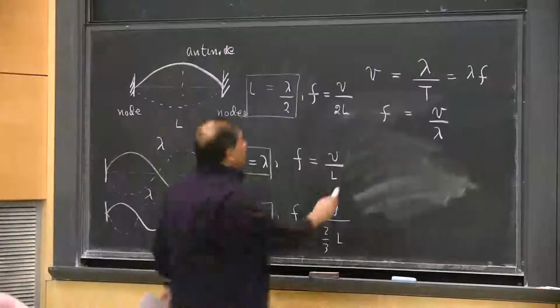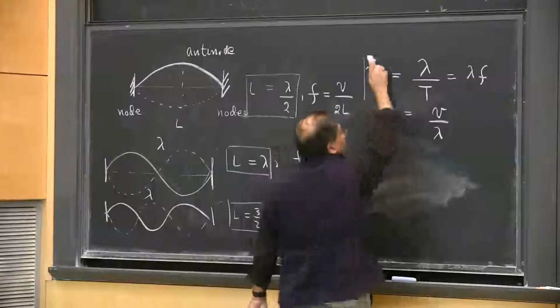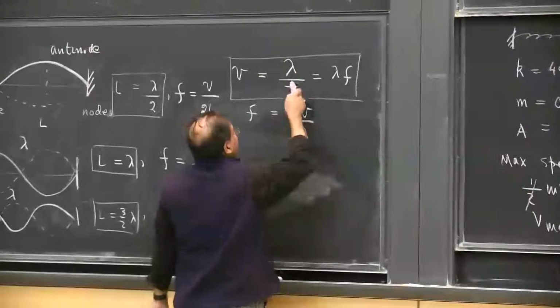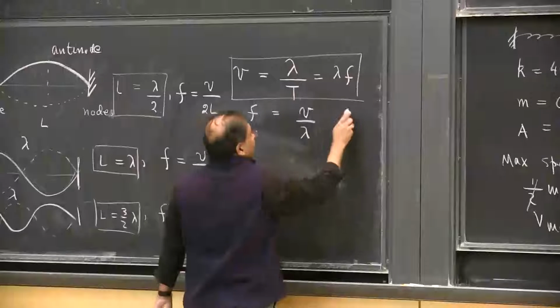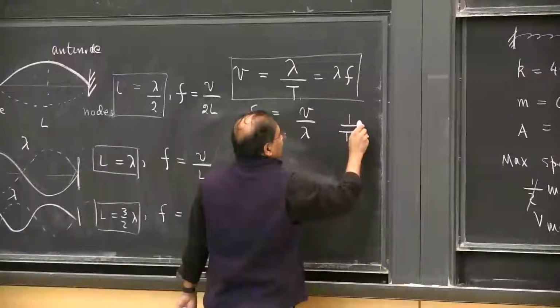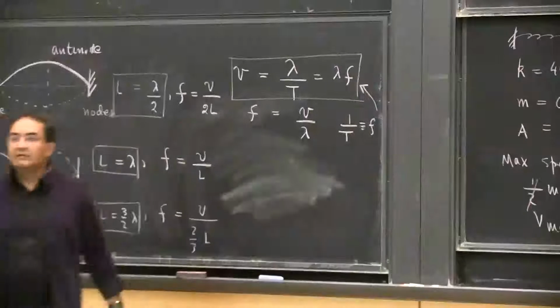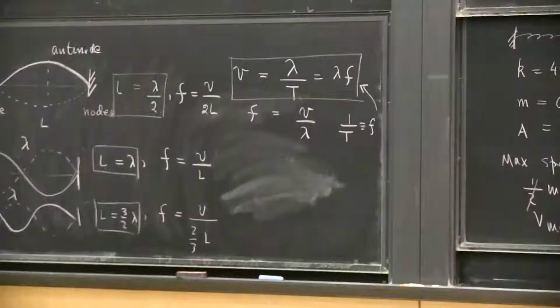And then by simply remembering that the velocity of wave propagation v is lambda over T, T being the period, this being the wavelength, and 1 upon T is defined to be the frequency, which is something that you have done before, then v is equal to lambda f. So in other words, you can then calculate the frequency. So why am I doing this?